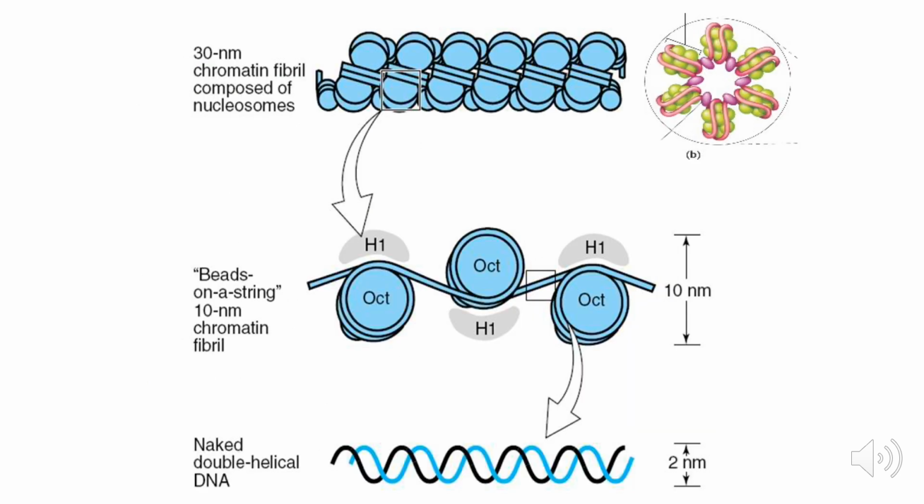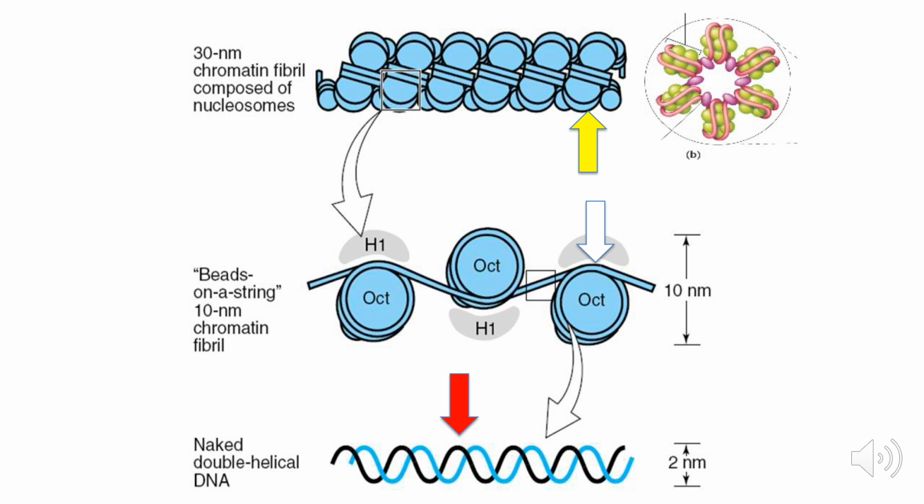So let's have a review. This is your double-stranded DNA. The white arrow is pointing to the nucleosome, which is formed when the DNA is wrapped around octamers, the 8 histone molecules. And then when you group 6 nucleosomes together, you would be able to form what we call 30 nanometer chromatin.